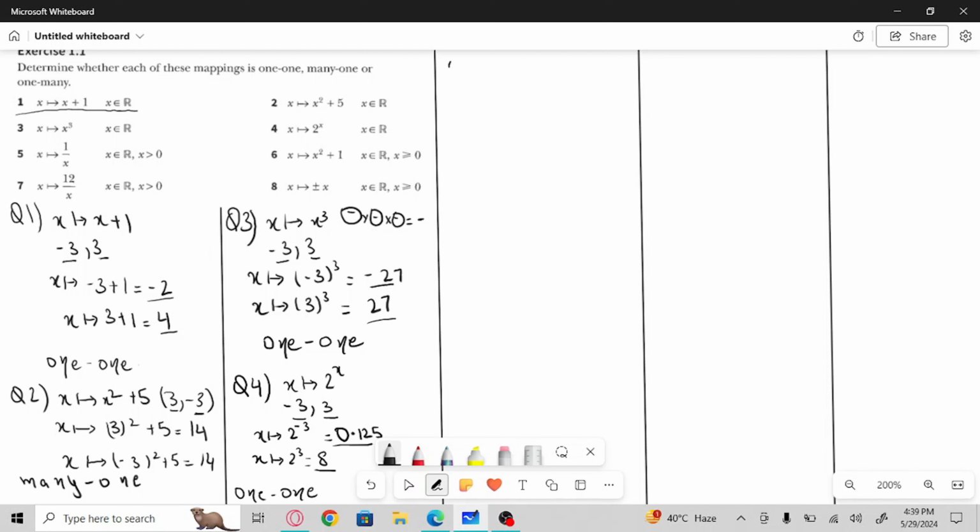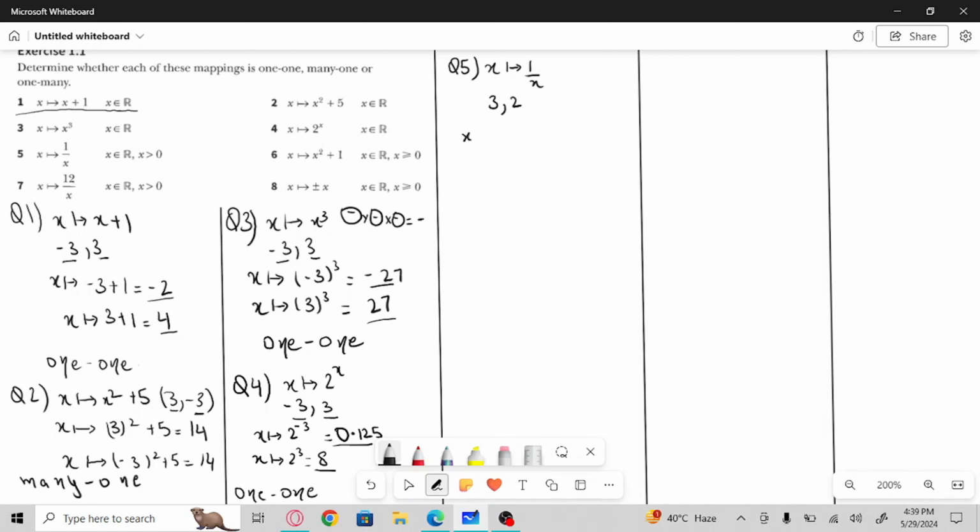Question number 5. We are told that x is mapped to 1 upon x, but there's a difference in the conditions. x still belongs to the group of real numbers, but x is greater than 0. That means we do not take the value of x to be negative. So instead of -3 and 3, we are just going to take any two random integers, 3 and 2.